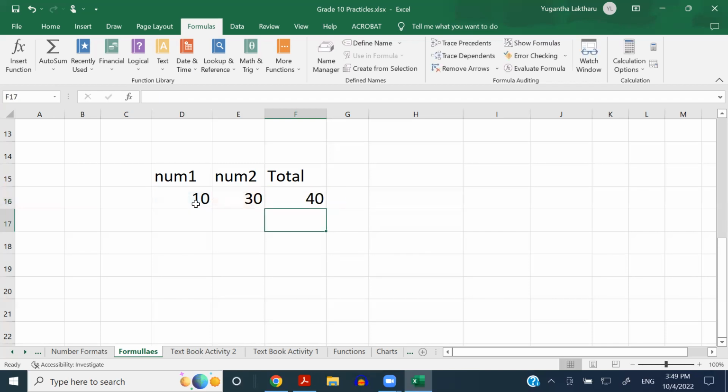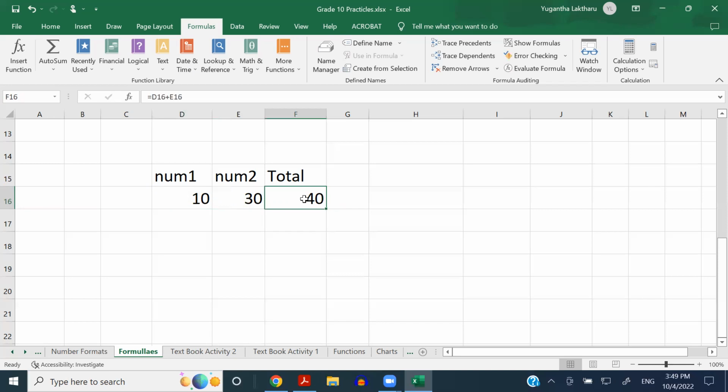So now the cells have already been highlighted, and it clearly says add D16 with E16. Once I press enter, there you go. The same answer is here, like we got just before. So the total of 10 and 30 is constructed over here.